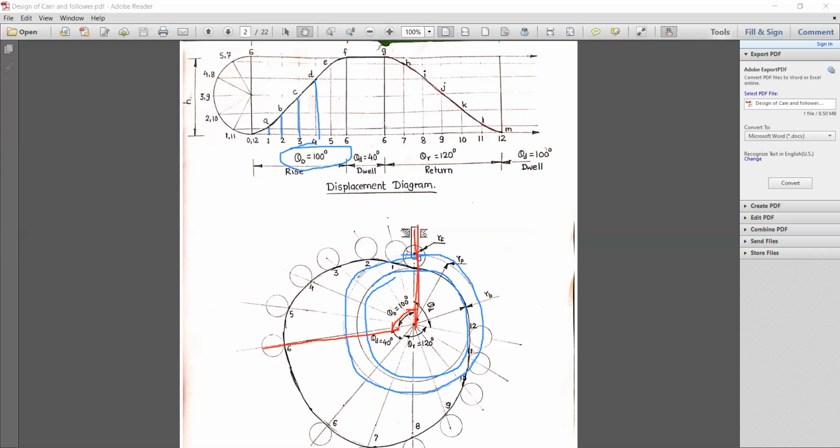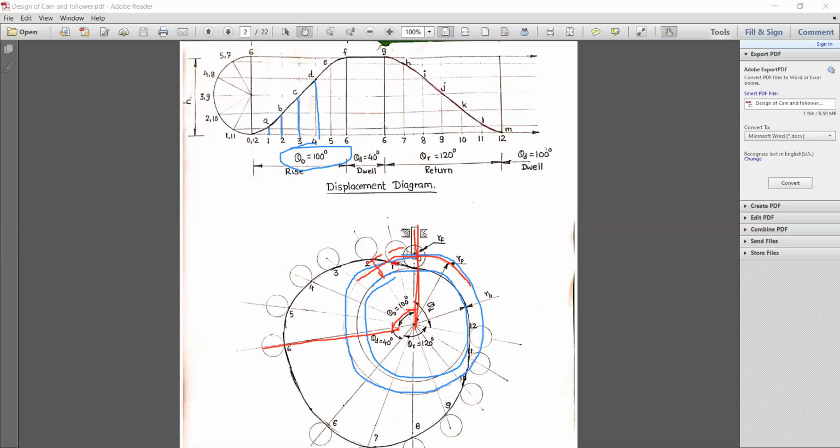Now from this circle, we need to take a radius of 1 to A and mark the first point. Then consider a radius of 2 to B, and from this point you can mark the second point.